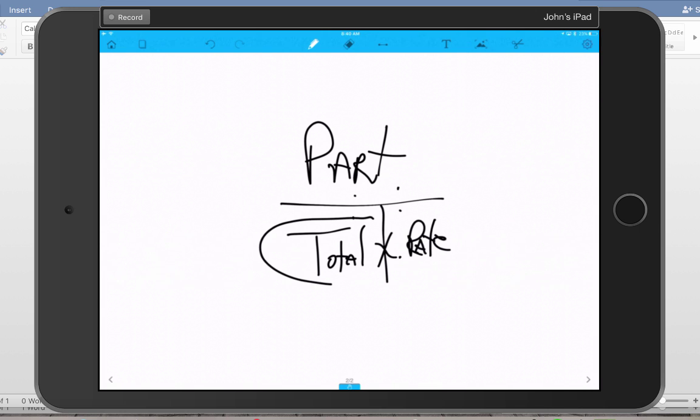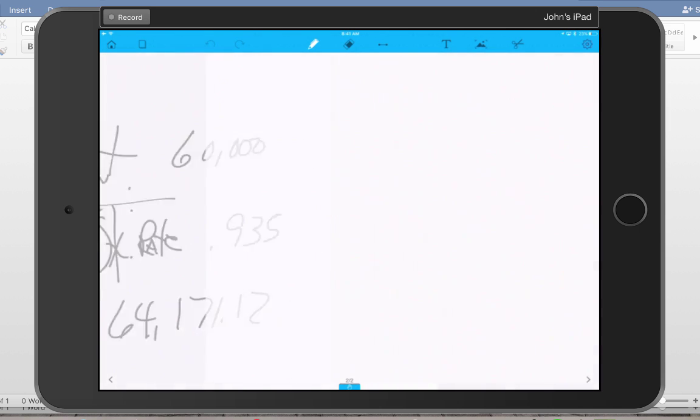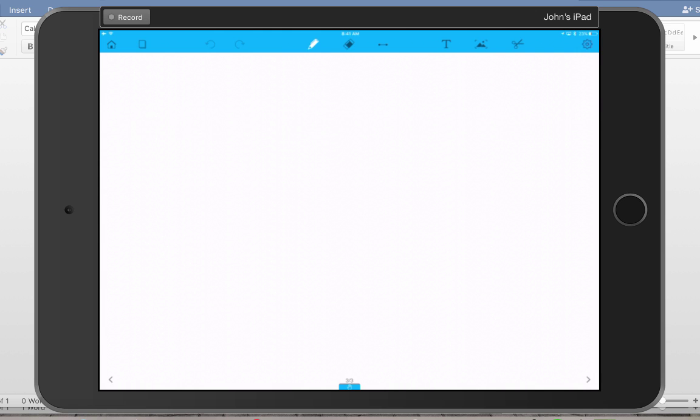We're trying to figure out what the property should be listed for, the total amount. So therefore, we're going to divide our $60,000, the net, by the rate, 0.935, which again is $64,171.12.